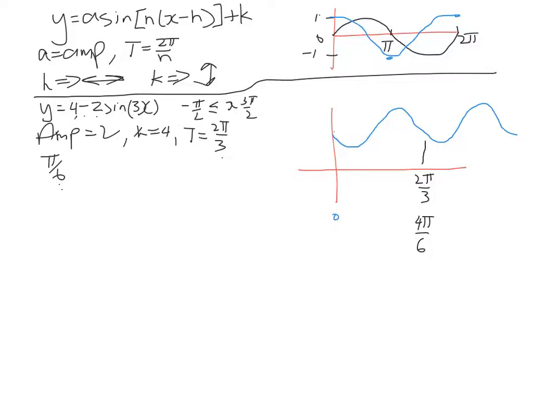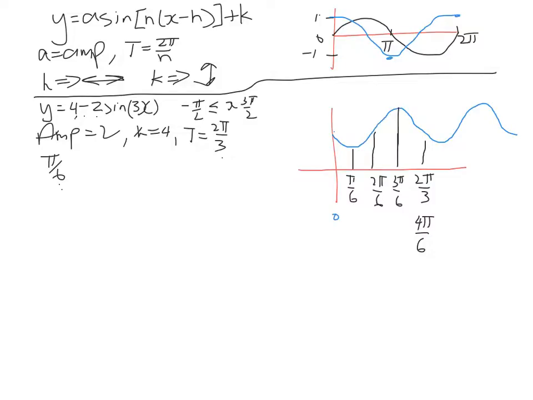So from there, half of that ends up being 2 pi over 6. Half of that again is pi over 6. And this point here that we have is 3 pi over 6.